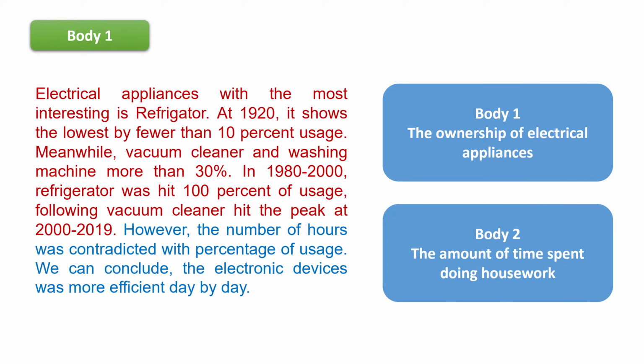I'm afraid the examiner will think that you don't organize your writing well. So it would be better if you put those two topics into two different paragraphs. Body one, talk about the ownership, and body two, talk about the amount of time spent. Okay.